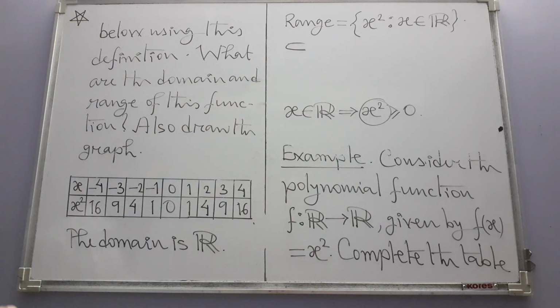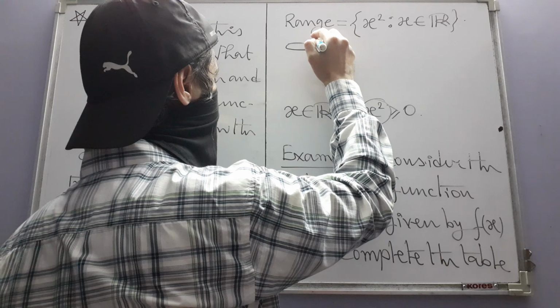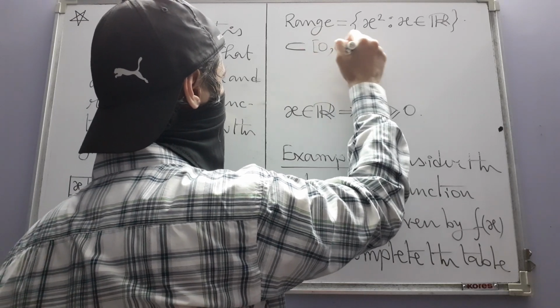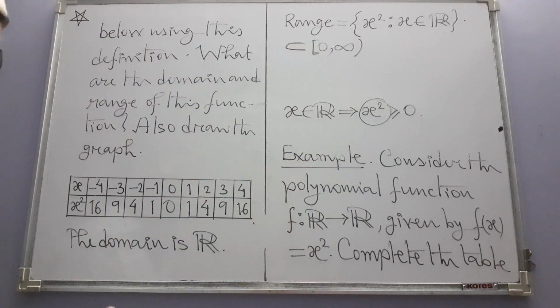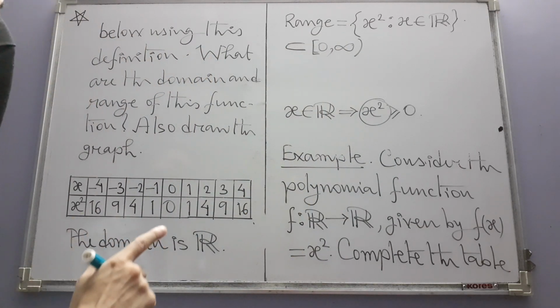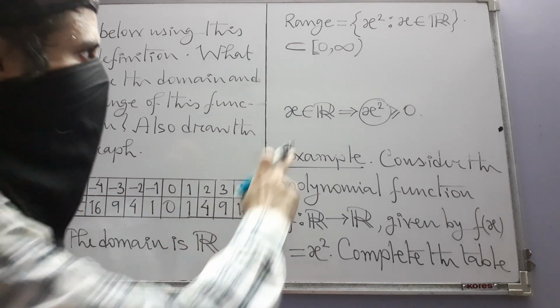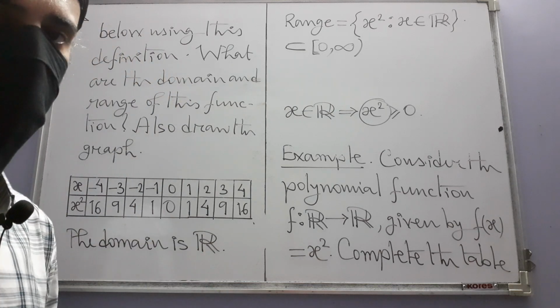The range is a subset of the set of non-negative real numbers. And the set of non-negative real numbers is denoted like this. If you go back to set theory and see there how we defined intervals. This is the set of all real numbers that are greater than or equal to 0.